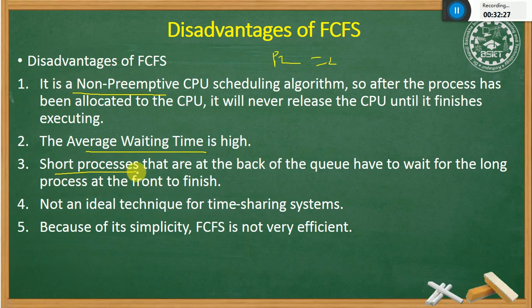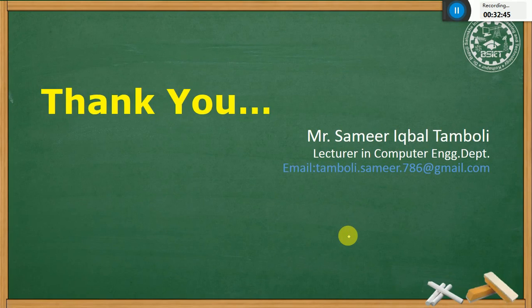The shortest processes, which require the CPU for minimum time, will be waiting. It is not an ideal technique for a time sharing operating system. It is simple but not very efficient. So these are some disadvantages of FCFS, first come first serve scheduling.